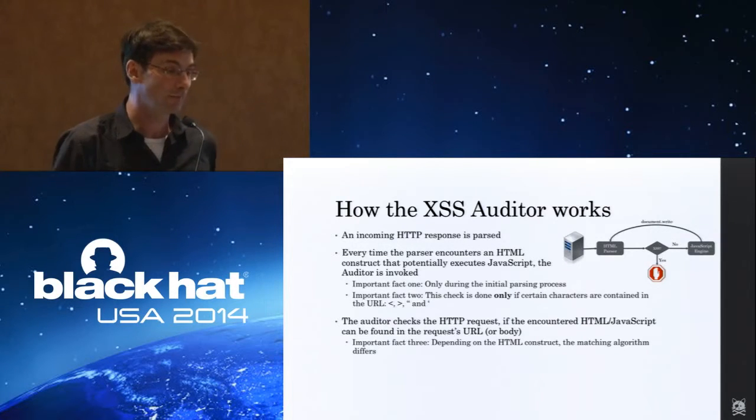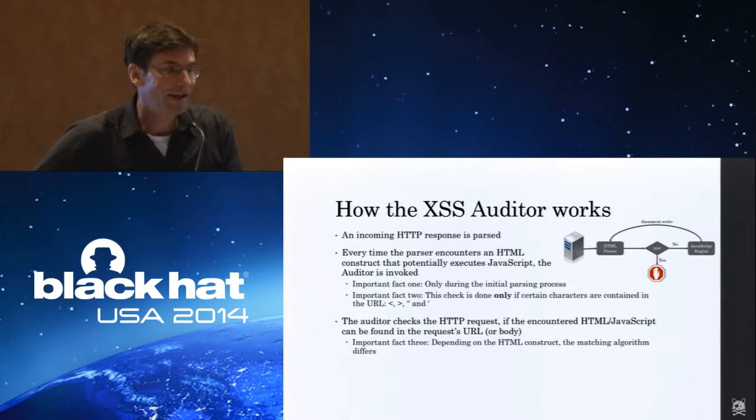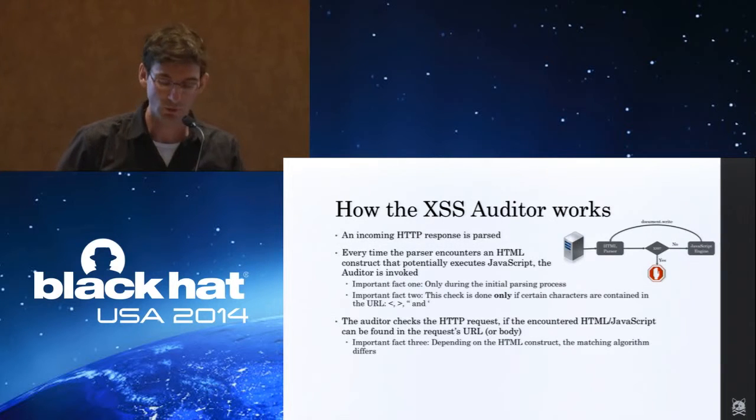And there's the third important fact that you have to remember, and I will go into this deeper because, again, this is some of the functionality that allows us to build the bypasses. Depending on the nature or the type of this HTML construct, so if it's a tag, if it's an attribute or something else, the specific matching rules are different, and we will need this.